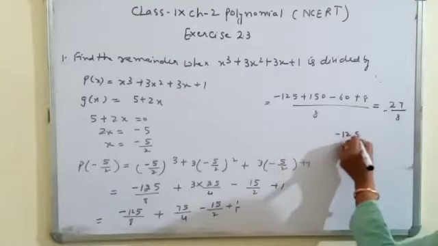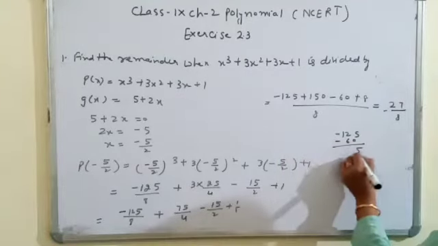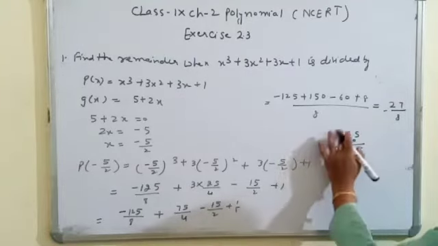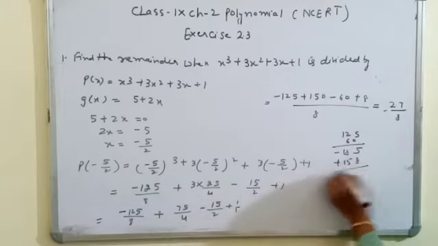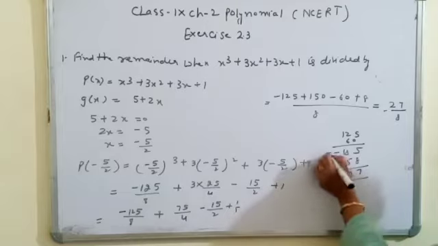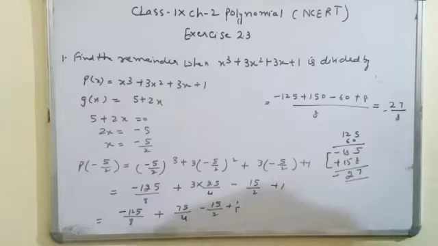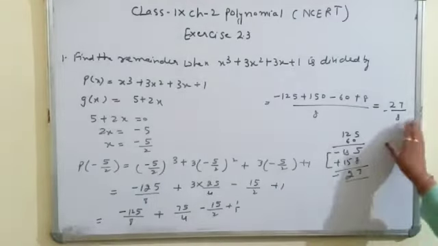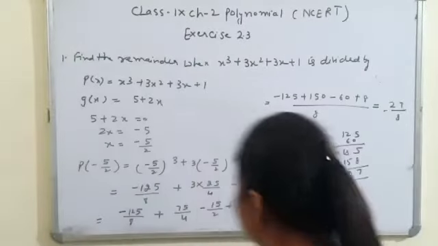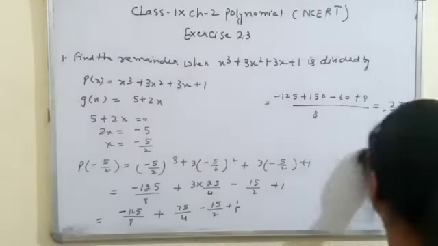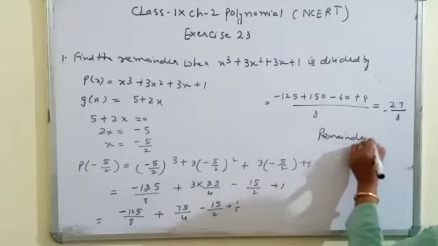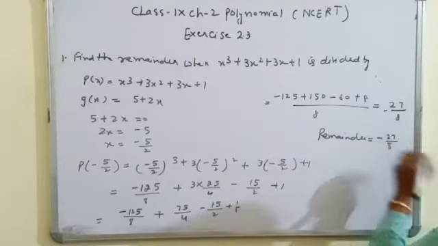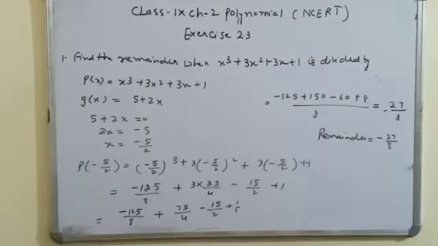Because minus 185 and 150 plus 8 is 158, the difference is 27. Plus and minus, so we will take the sign of the greater value. So the result is minus 27 by 8. The remainder is minus 27 by 8. This was the first question.